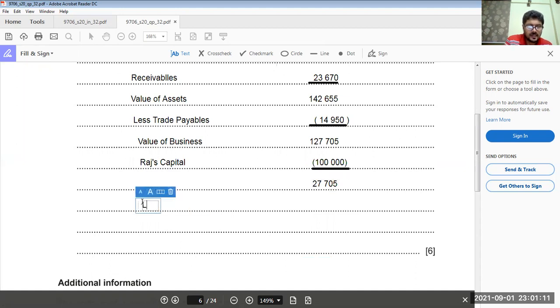Less the loan from Raj, so the amount payable to Raj is 7,000. And we got 6 marks. Okay.